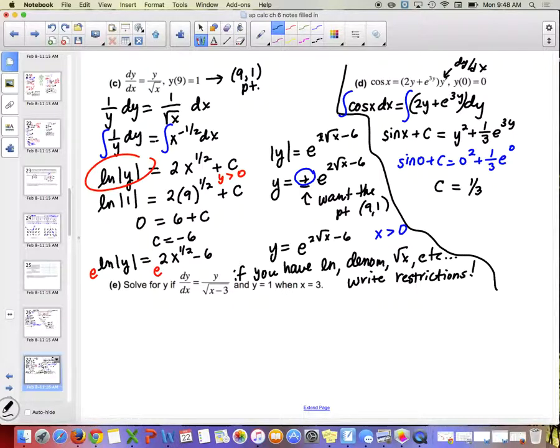So in this case, all you would be able to do is plug in. So you'd have sine of x plus 1/3 equals y squared plus 1/3 e to the 3y. And that would be your answer. Okay. The AP test will not make that one of them. It's always going to be something you can solve for y.